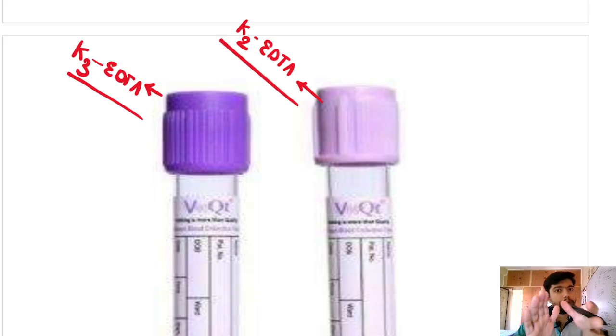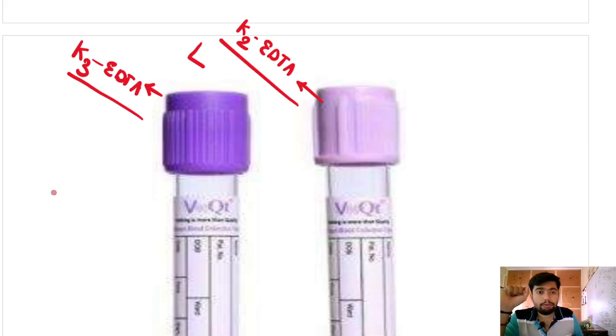Both are EDTA vacuums, and both will perform similar tests. Then what is the need for different vacuums of one name? You should know K2 EDTA is slightly more advantageous than K3 EDTA. First point, K2 EDTA anticoagulant has no dilution effect.